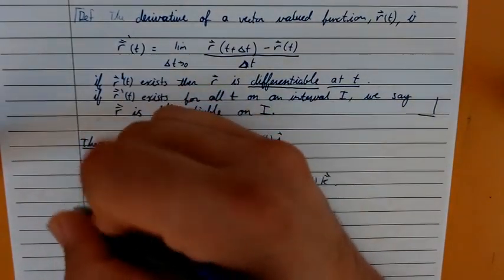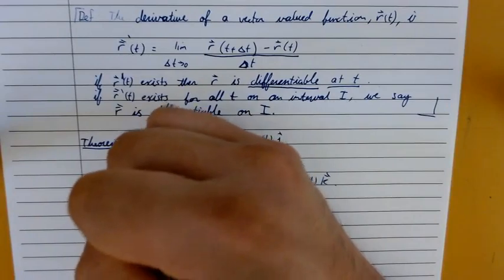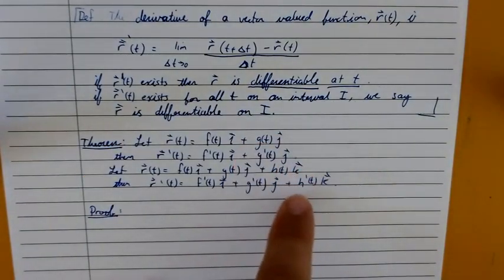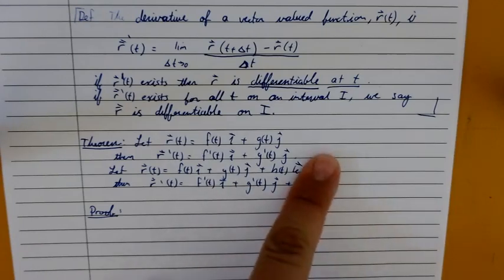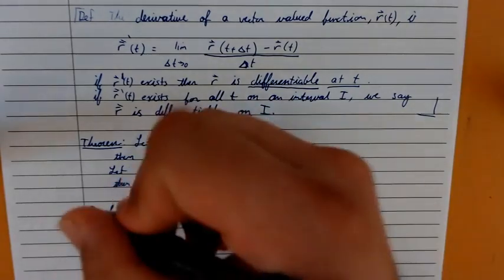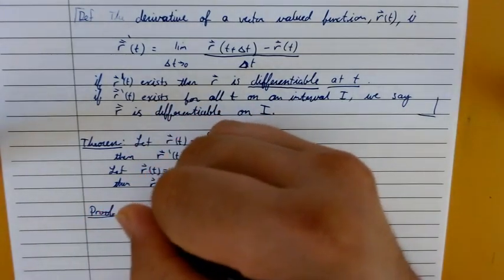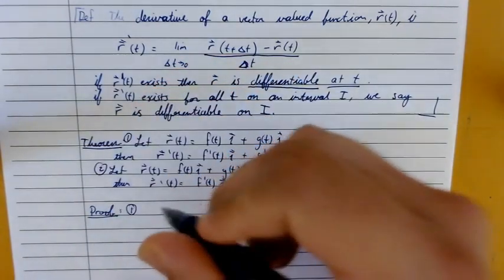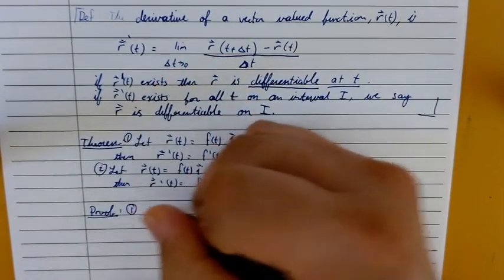All right. So the proof of number 1 is basically the proof of number 2 without the extra component. If you can prove it for these three, then just ignore that third component and you've proven it for the second one. I'll call this one number 1, and I'll call this one number 2. The proof of number 1 is the proof of number 2 without the last component.